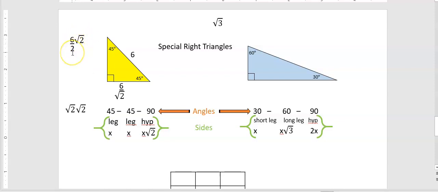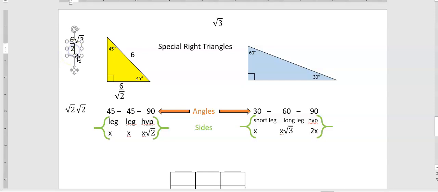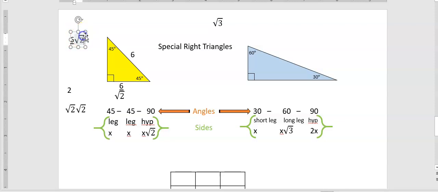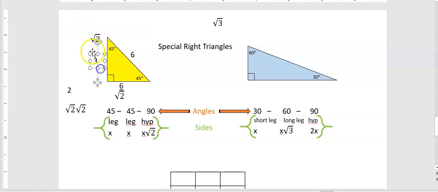Then we divide it by this 2 to simplify it. So this ends up being a 3. So 3 square root of 2, and this side would also be 3 square root of 2.